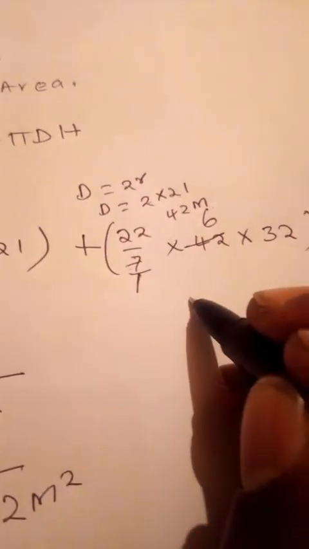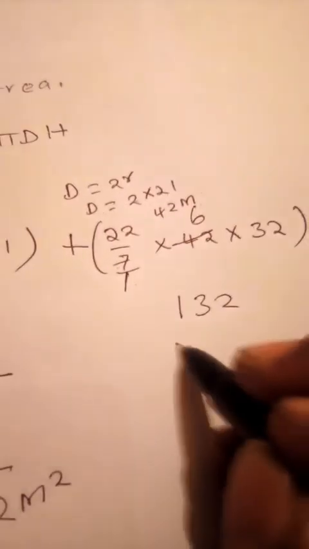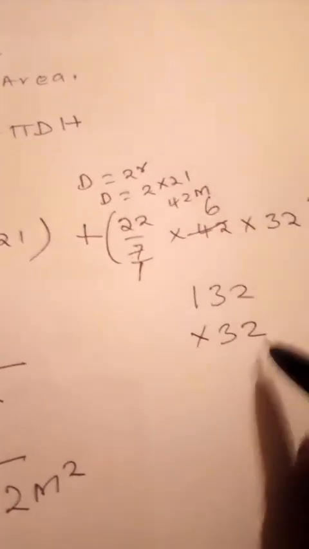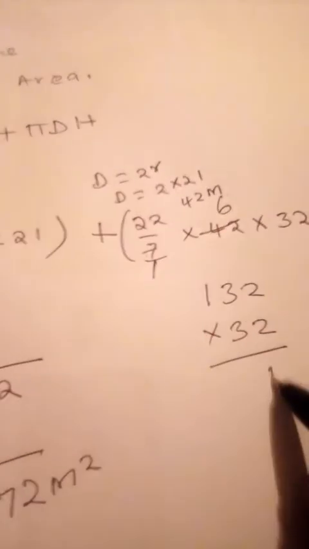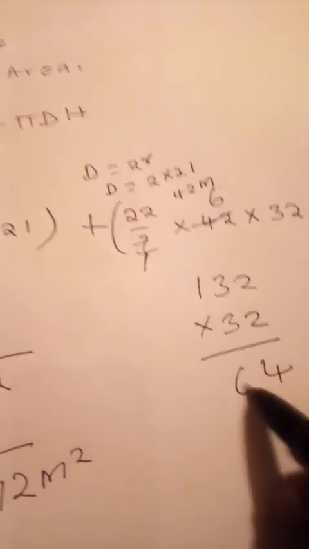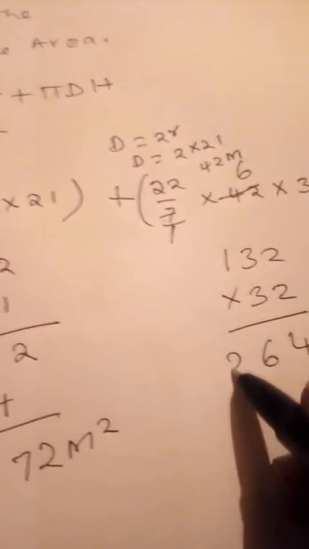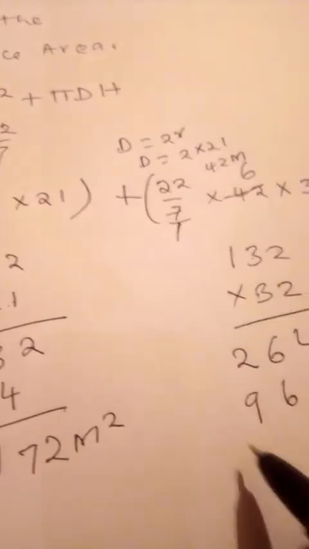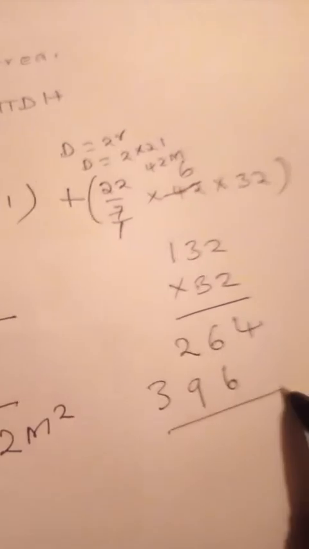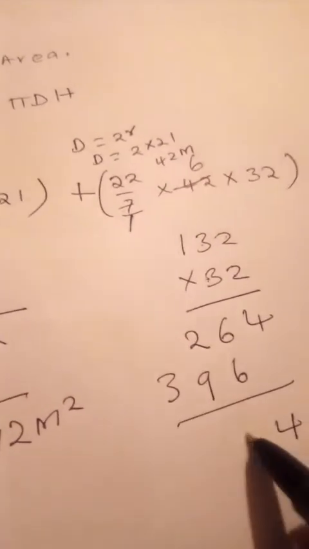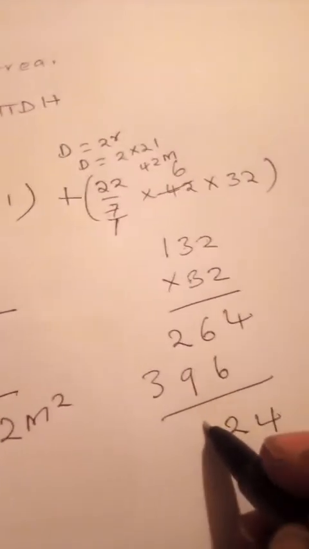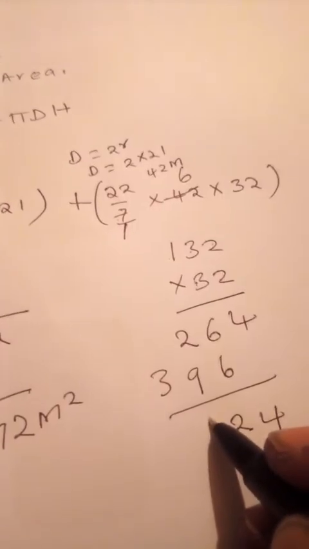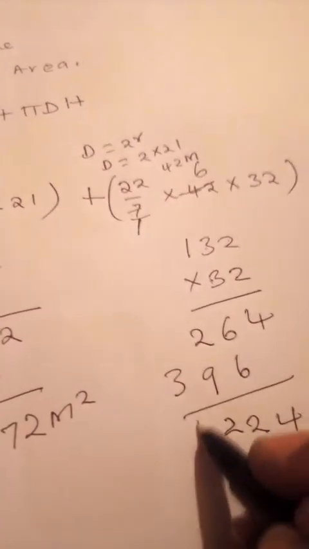So it is 132 times 32. 2 times 2 is 4, 2 times 3 is 6, 2 times 1 is 2, 2 times 3 is 6, 3 times 3 is 9, 3 times 1 is 3. So we have 4224.